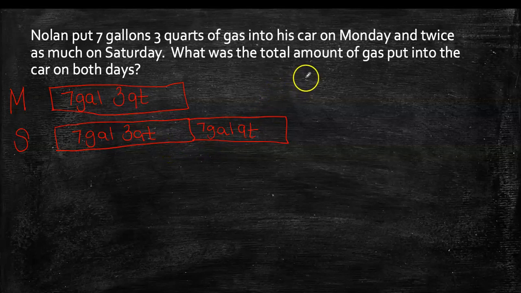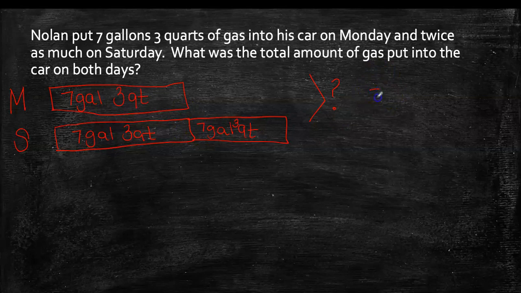What is the total amount of gas he put in both days? So I want to know the total. I could show all 3 and add all 3 of these up together. I could add up these 2 and then this one. It doesn't matter how you want to attack the addition part.